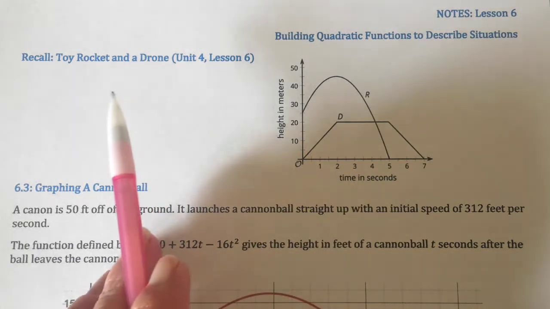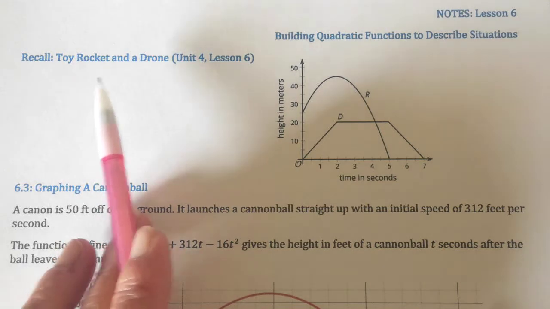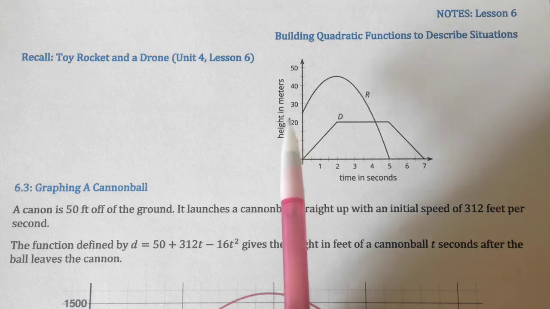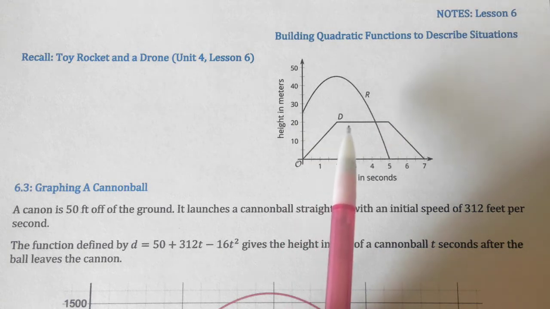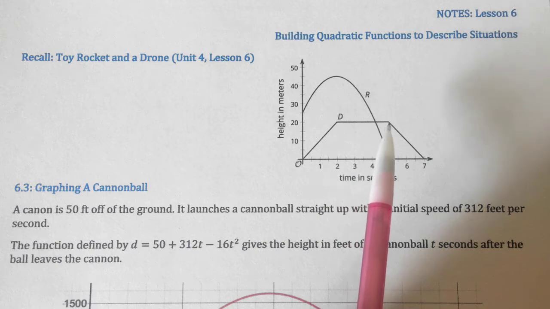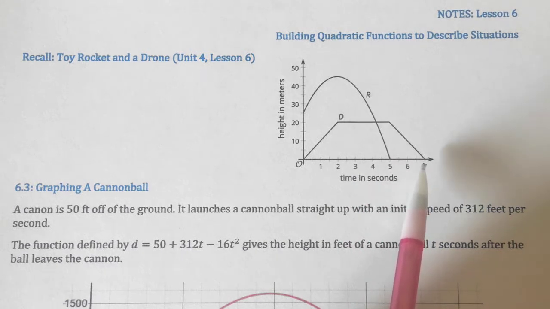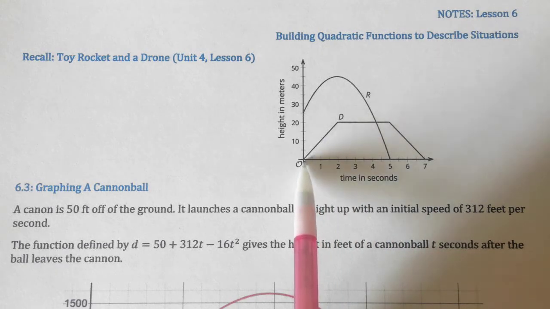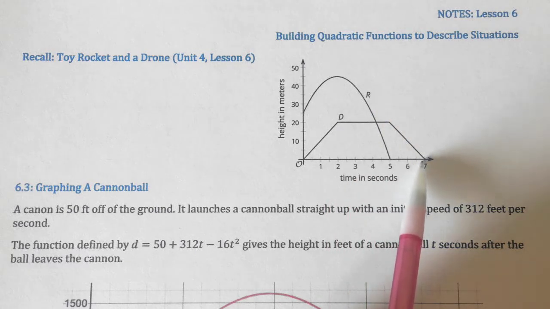This was when we were learning about functions and graphs and the difference between the toy rocket and the drone graph. I remember talking to my students about this: we had a drone that got launched and then hovers over the ground and then glides back down, and we were able to figure out where it started from, what time it was, how high it got up in the air, and when it landed back down.